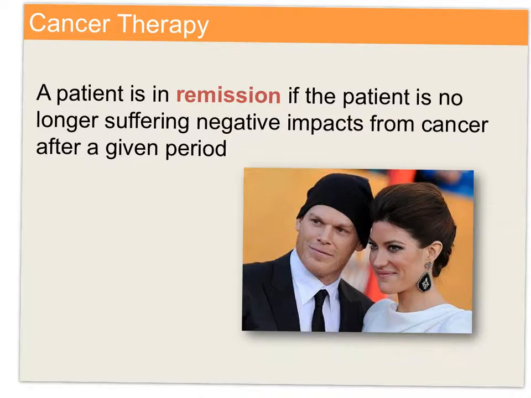A remission can occur for maybe just a year, or it could last a long time. Usually if cancer, after it's been treated, doesn't show up again beyond 5 years, you're considered cured.